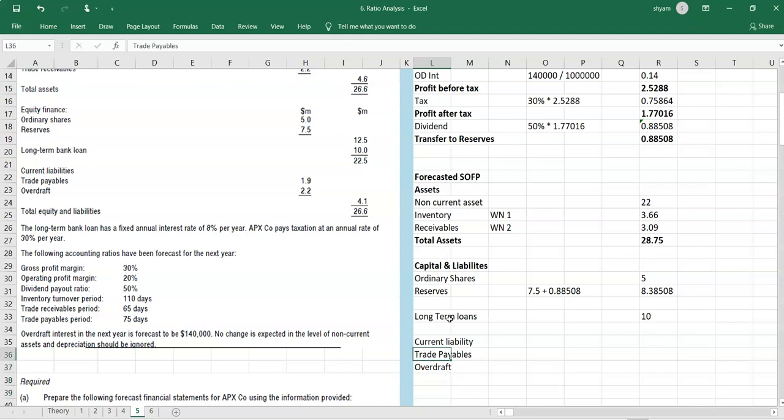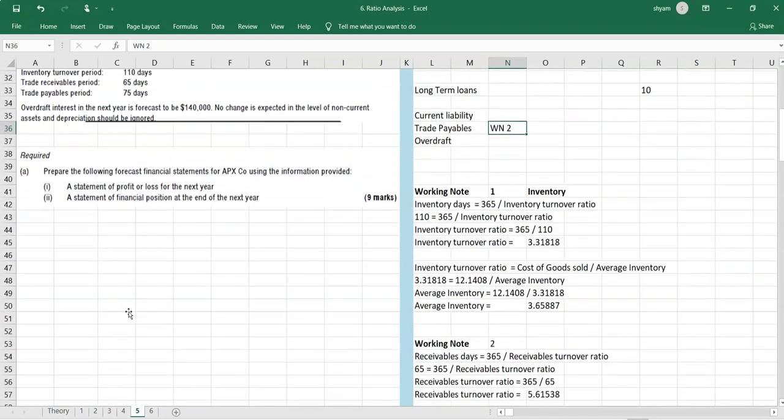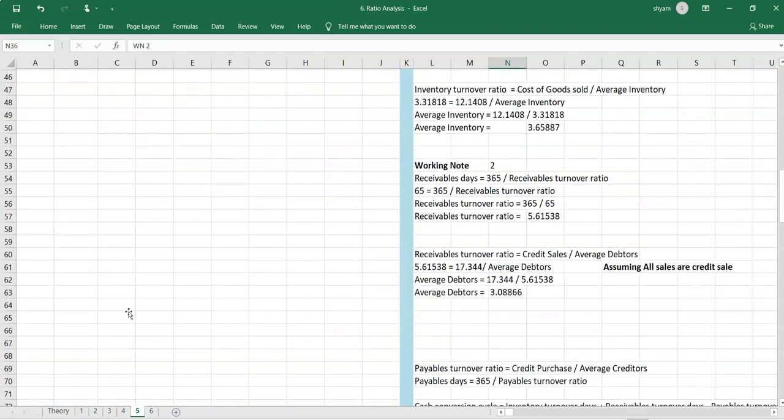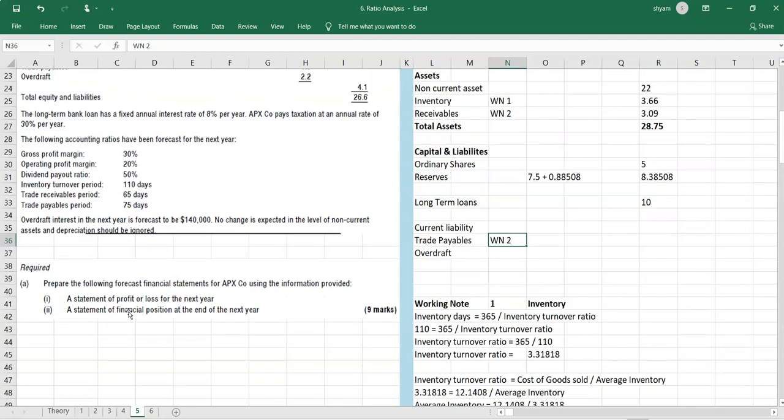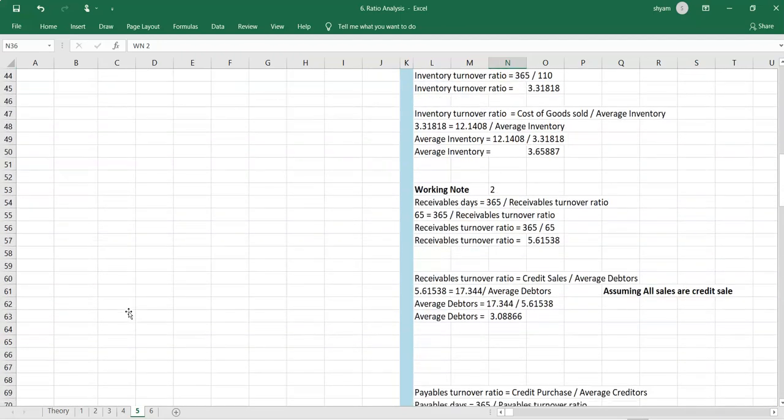Okay, so trade payables, we have to have a working note or else we can't work it out. And they have also given the trade payables as 75 days. So we'll get the working note number 2.